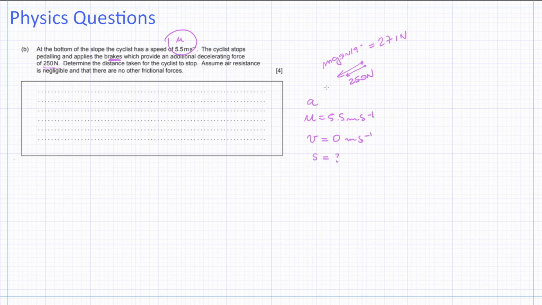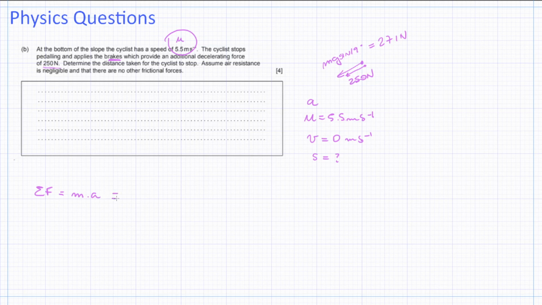Now we can get the acceleration using Newton's laws and the forces that we have here. The sum of the forces should be equal to mass times acceleration. In this case, the speed is changing, therefore the sum of the forces will not be 0. It's clearly not balanced.